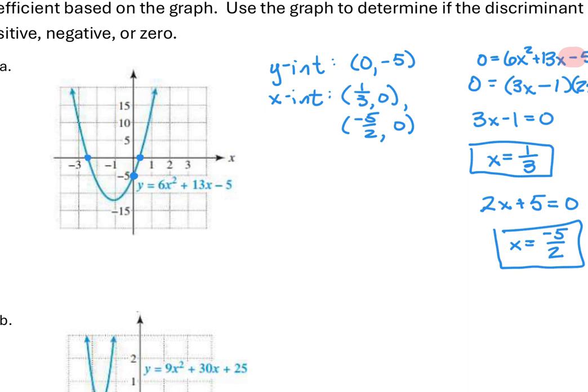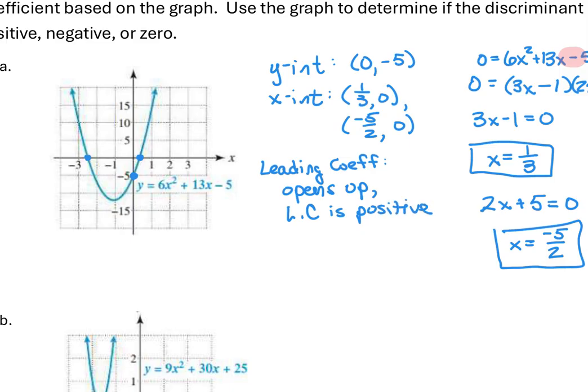Okay, our leading coefficient. Remember that our leading coefficient just tells us if this opens up or down. Because this opens up, my leading coefficient is positive. And when we look at our equation, yeah, that's what we have.